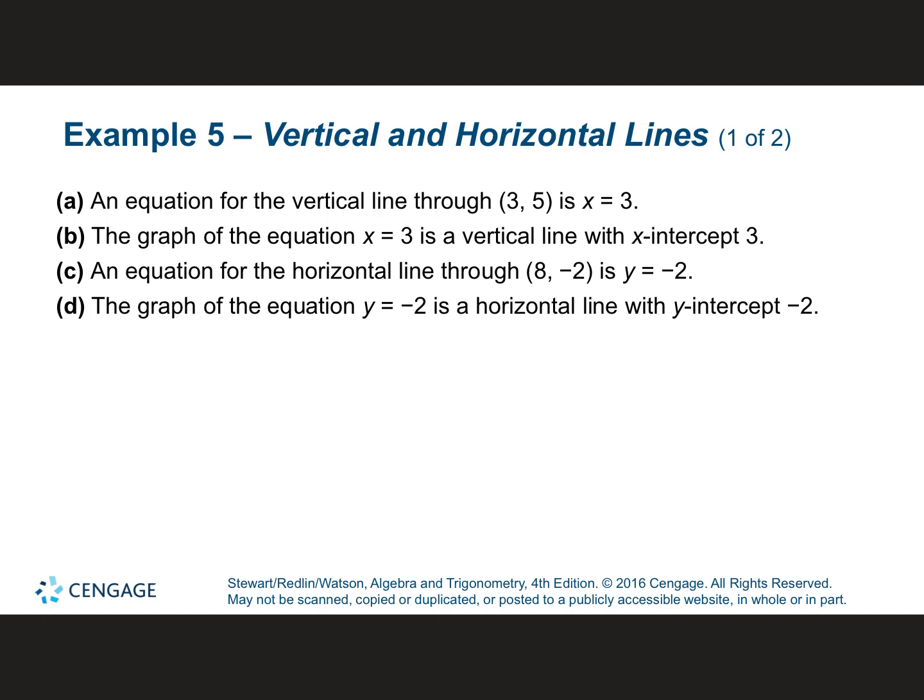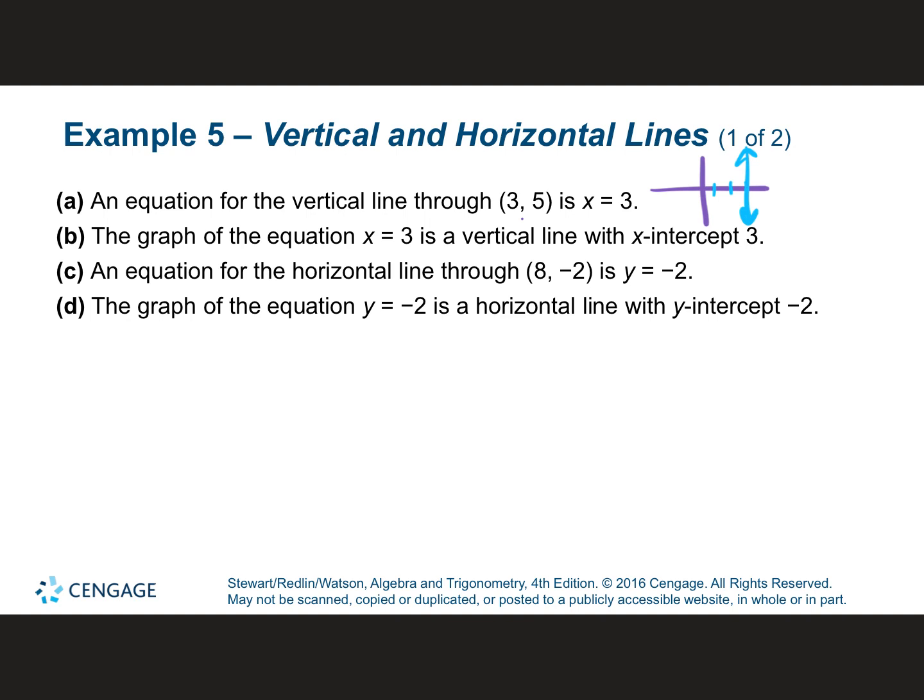All right, example 5. It just talks about horizontal and vertical lines. I don't really think that there's actually questions here. A says an equation for the vertical line through 3, 5 is x is equal to 3. I don't know if it wants us to graph them, but for a vertical line through 3, 5, we'd go to where x is 3 and put a vertical line there.